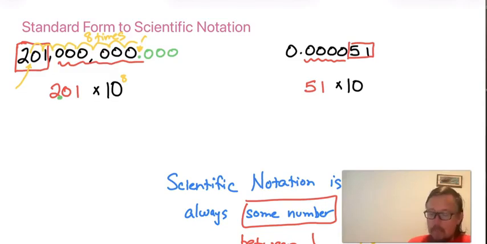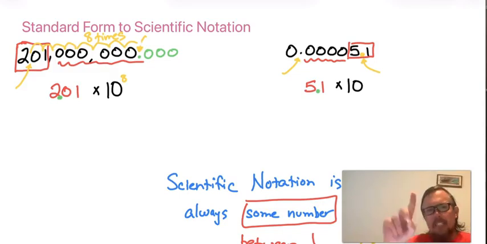Where do we put the decimal? Well, the number in front of the times 10 has to be between 1 and 10, so the decimal must go right here to make it 5.1. Now we ask ourselves the same question we asked on the big number. How many times did we move the decimal to get it from its original spot, which was right here, to the spot where we put it in our scientific notation number, which was right here?